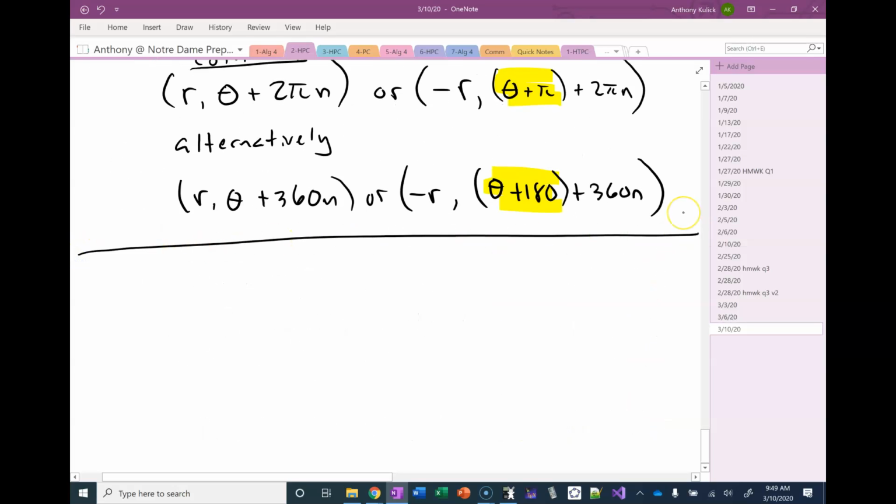Let's do an example, and then we'll stop here for today. Sound good?